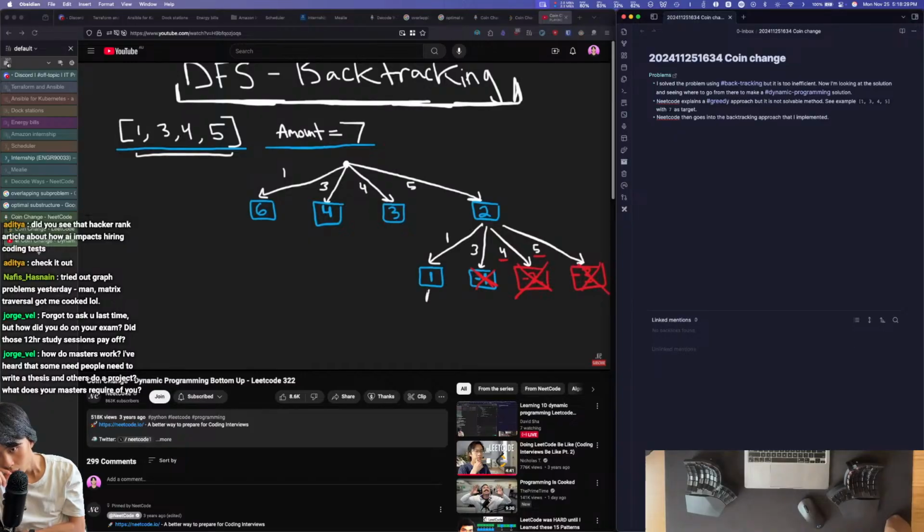And so now here we're going to see, okay, we can choose a 1 coin. Of course, we can choose a 3, 4, and 5, but we can see from here that that's not going to work. That's going to lead us to a negative value anyway. If we choose a 1 over here, then we know we're going to finally get to a 0. So this is what we want, right? We took a 5 from up here, we took a 1 from over here, and we took a third one, right?